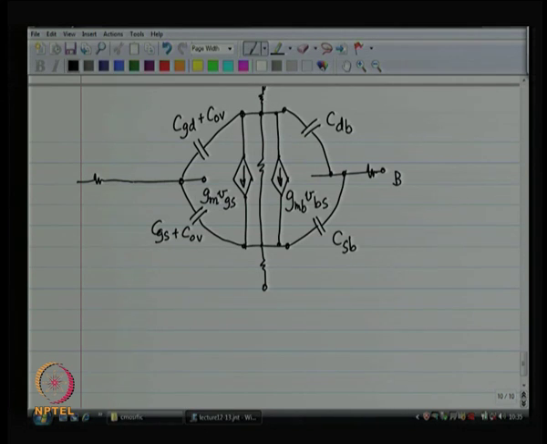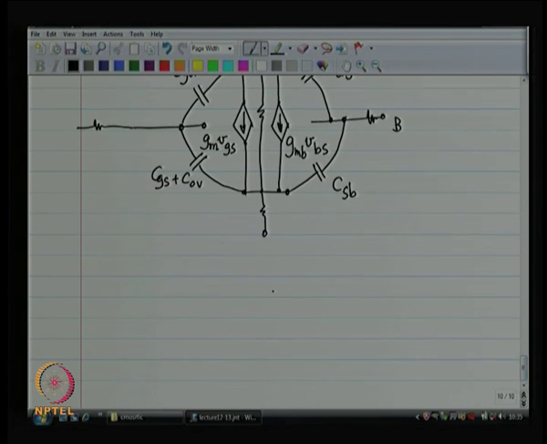Okay. Then there is something called gate resistance. The gate is made out of poly material, and if you think about it, a resistor is also made out of poly material. So, it is like a resistor, right.